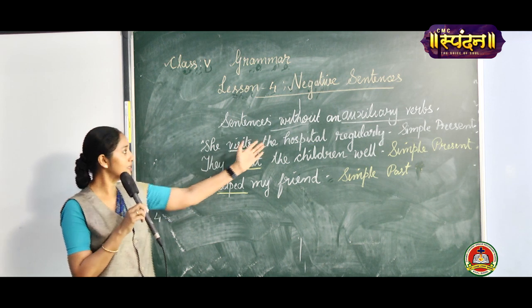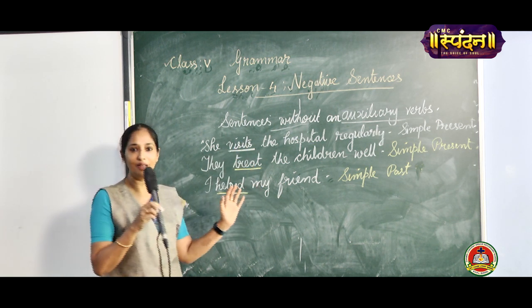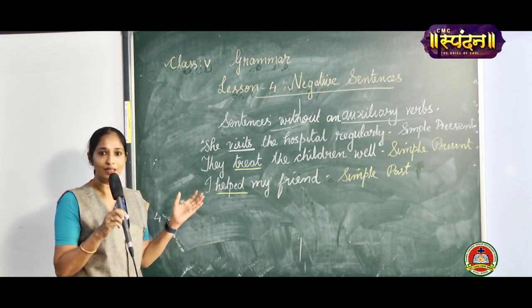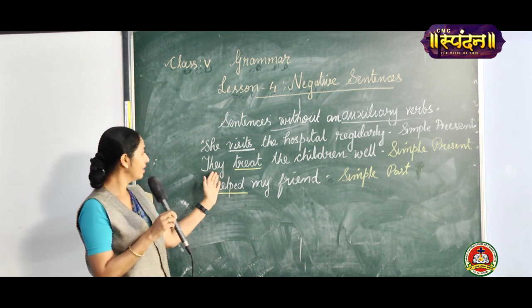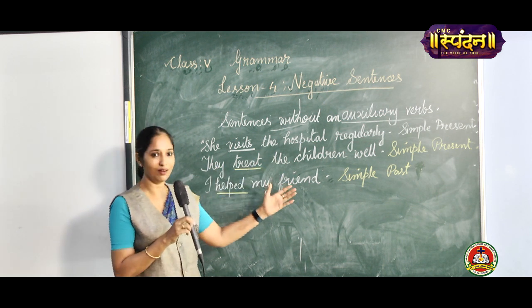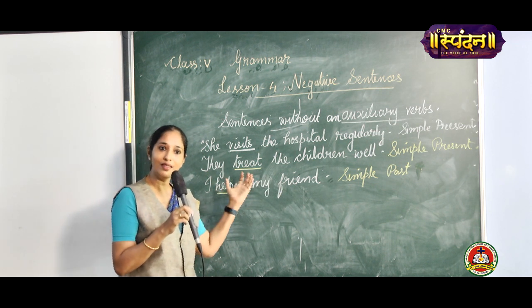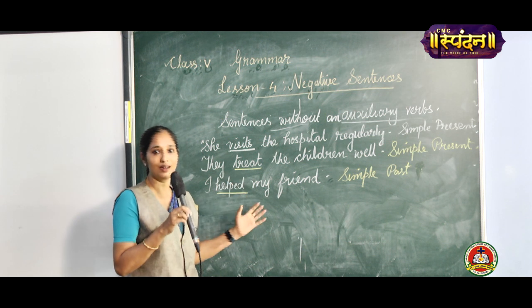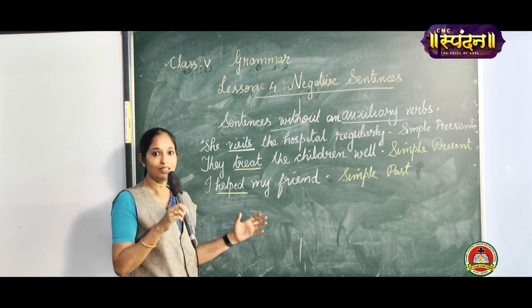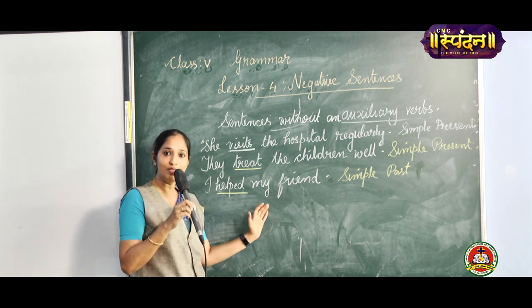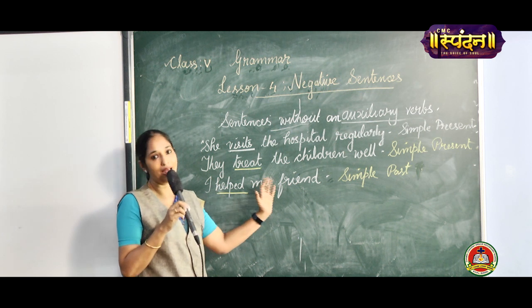She not visits the hospital regularly. It sounds absurd. It sounds funny. Again, they not treat the children well. The moment you hear the sentence, you understand that it is not correct. Yes, here comes the usage of do, does and did.